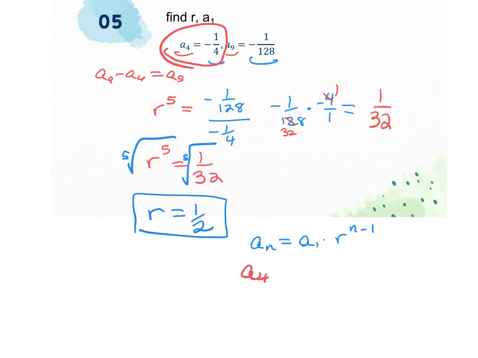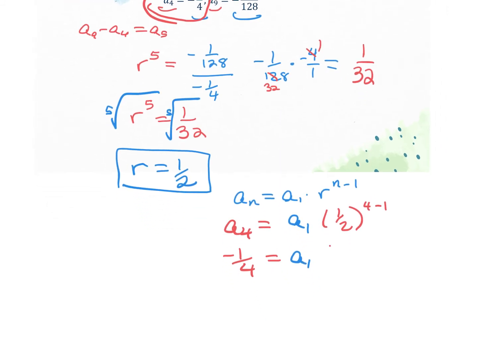So I'll plug that in here, which is negative 1/4. I'm solving for a sub 1. That's what I'm trying to find. I just found my common ratio to be 1/2. And again, my n value is 4. 4 minus 1 is 3.